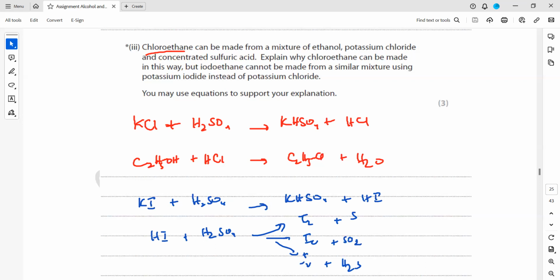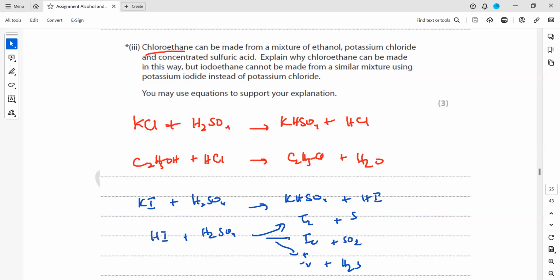So you can mention these points: chloride ion is not a good reducing agent, but iodide ion is a good reducing agent. As a result, it will reduce the sulfur in sulfuric acid to a lower oxidation number. So hydrogen iodide will not be available to react with ethanol.